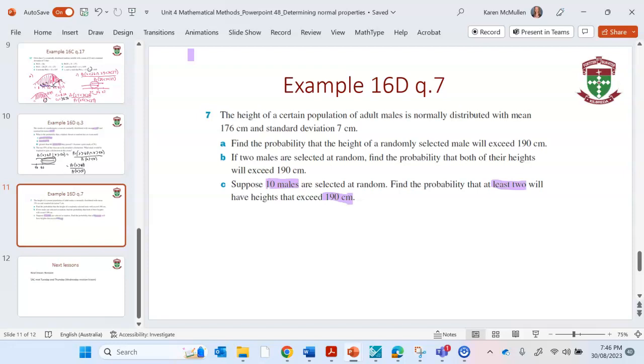So we're looking at heights that can be measured, but that's giving us our probability. Now we're looking at selecting a number of males. So if we've got 10 males, what's the probability that at least 2 of them will have a height that exceeds 190 centimetres?